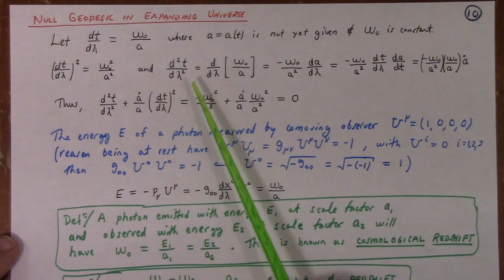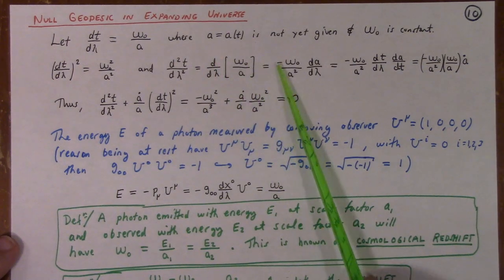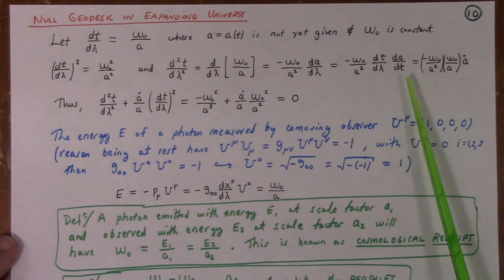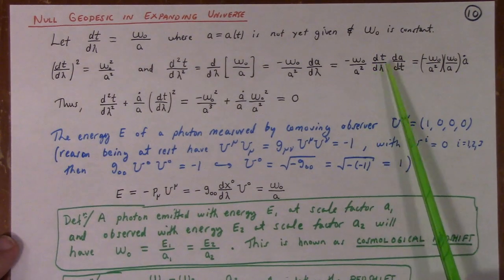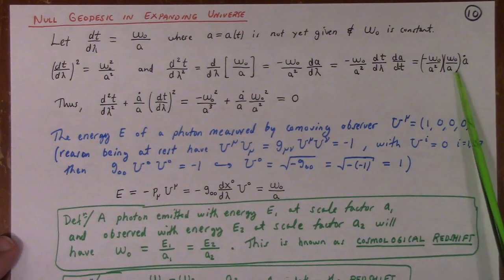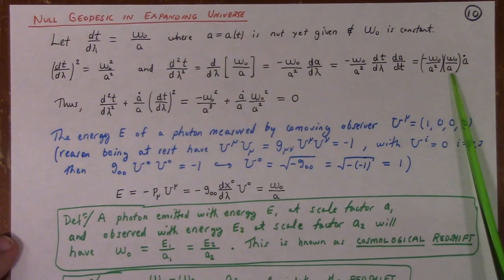And so d²t/dλ² would be d/dλ of ω₀ over a, which would be minus ω₀ over a² da/dλ. But da/dλ would be, by the chain rule, dt/dλ times da/dt, which would be ω₀ over a times ȧ, which would be minus ω₀² ȧ over a³.